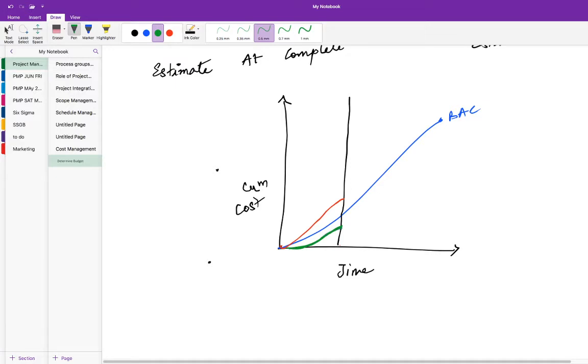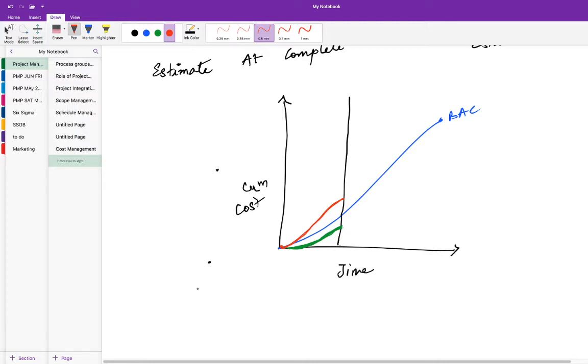But to accomplish this work, how much cost have you taken? You have taken this much cost. Your work is here, but your cost is this much. So now you have to find out how much it would take to finish the remaining work.